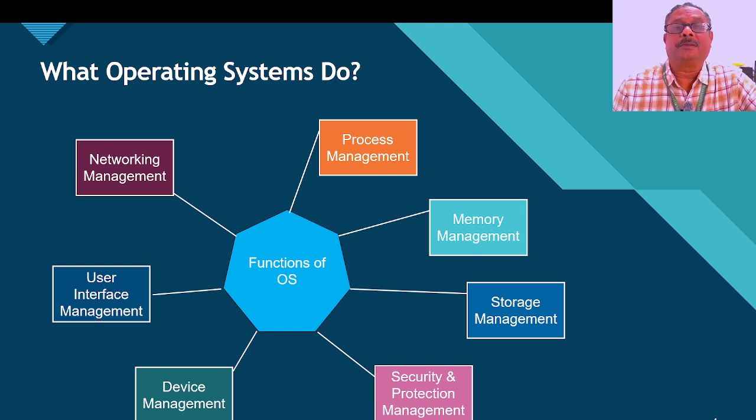So we have a network of systems, and how do we ensure that this whole network of systems works as one unit? So we need the operating system to have some features that will help in managing all these activities of interconnecting the network and all that.